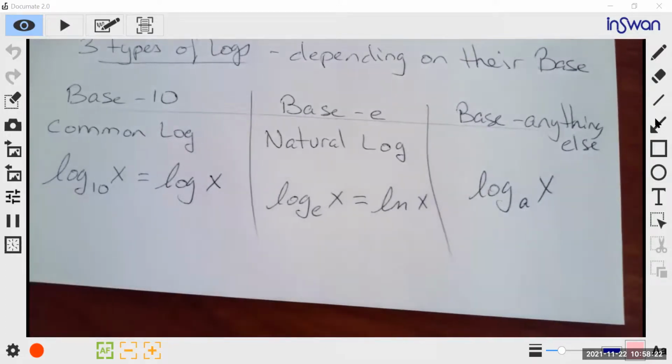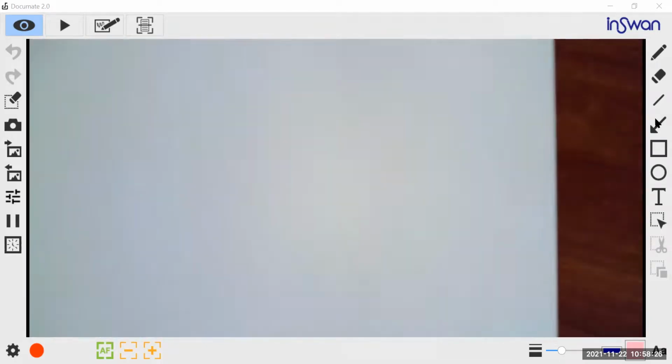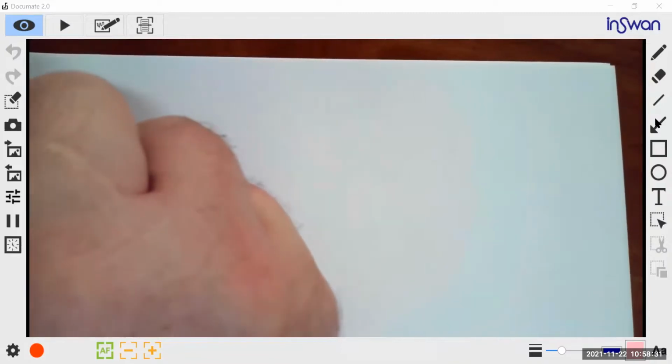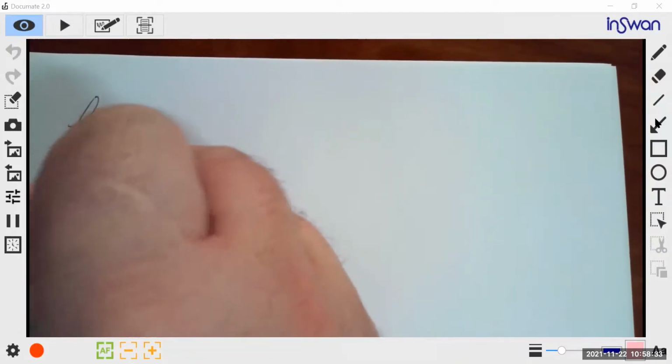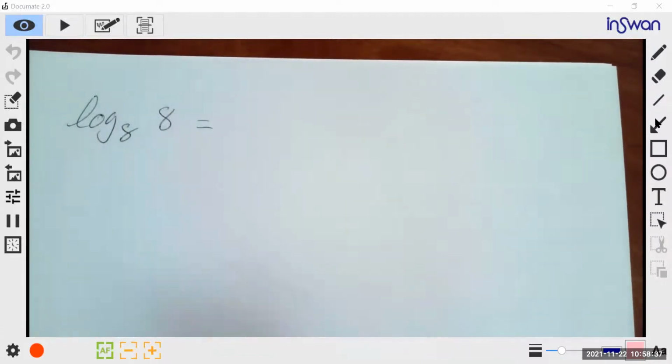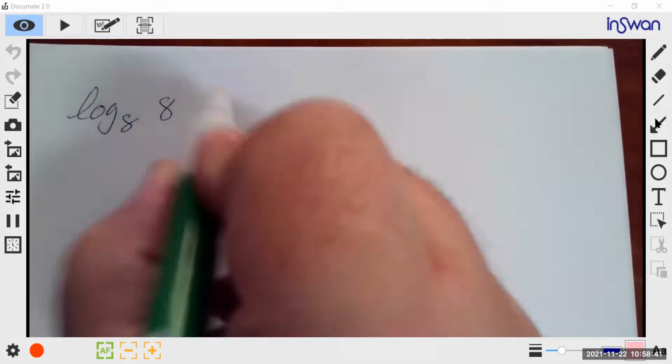These are very important because you'll need those whenever you solve things. Log base 8 of 8 equals 1.